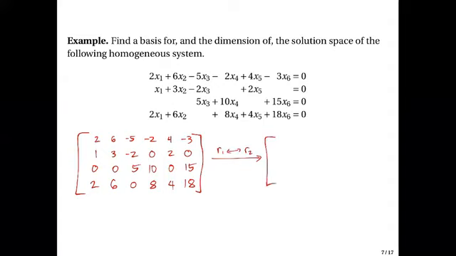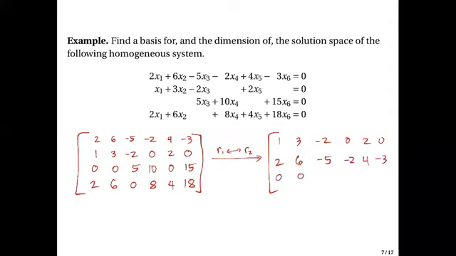So row 1 now becomes 1, 3, -2, 0, 2, 0. Row 2 now is 2, 6, -5, -2, 4, -3. Row 3 is still the same.